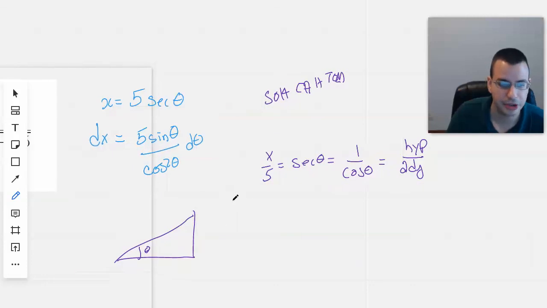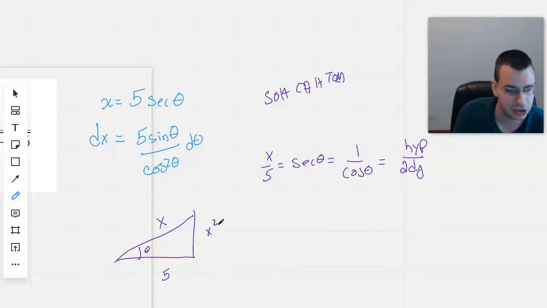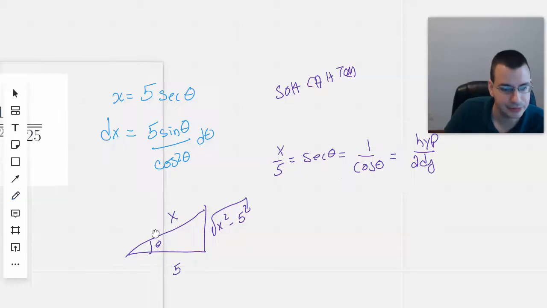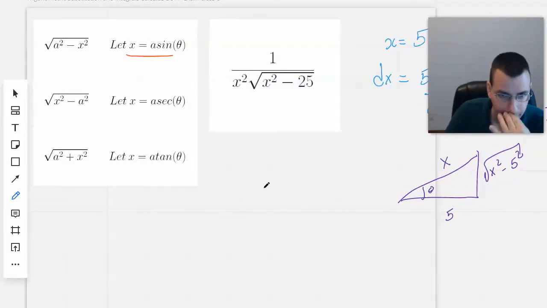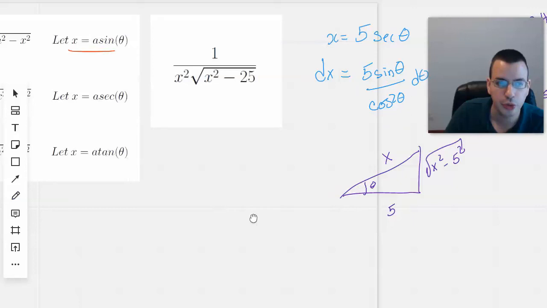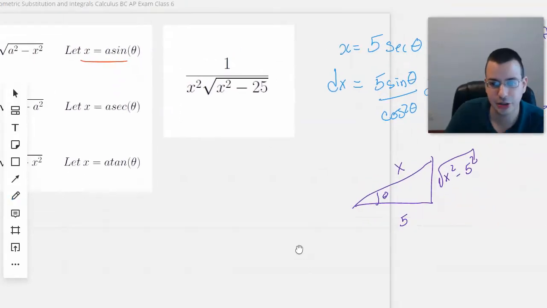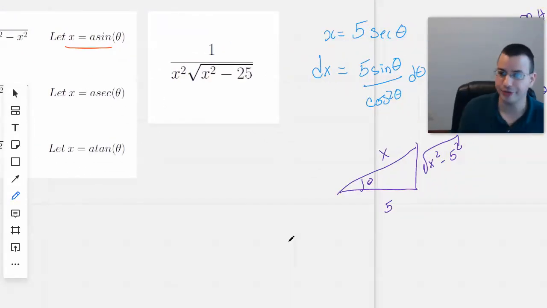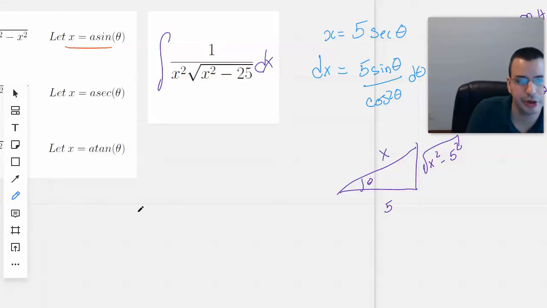So hypotenuse is x, adjacent is 5, and that gives us the square root of x squared minus 5 squared. Hypotenuse over adjacent, okay, yep, I'm good at that. And that's our triangle. Now we start substituting things and seeing what happens. Hopefully something wonderful.